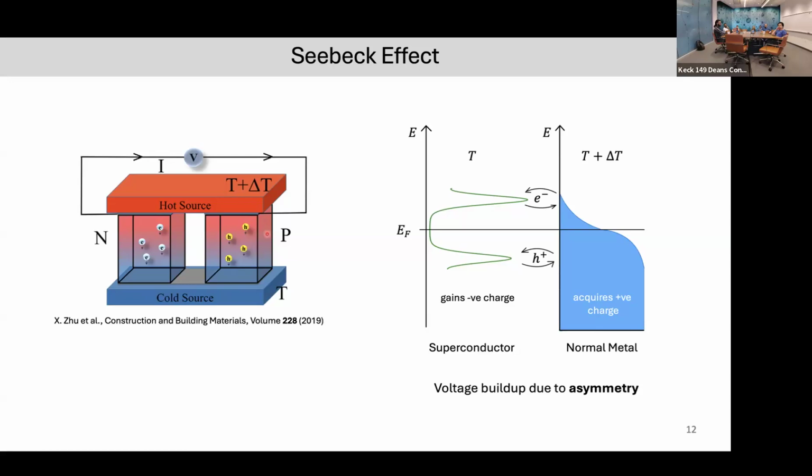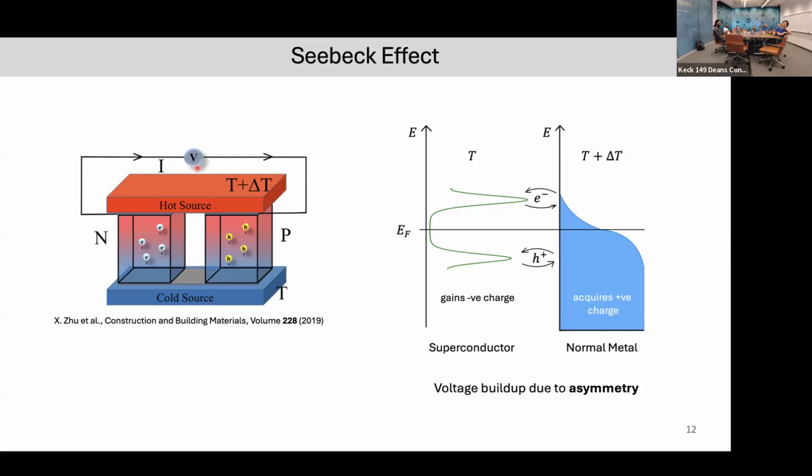The opposite will happen in the p-doped or the p-type material, where this side will be left negatively charged and this side will be positively charged. You can measure this across these junctions and you can measure that there is a buildup of potential across it, basically. So that is one way to get electricity, just because of the particle nature of the charge carriers involved.